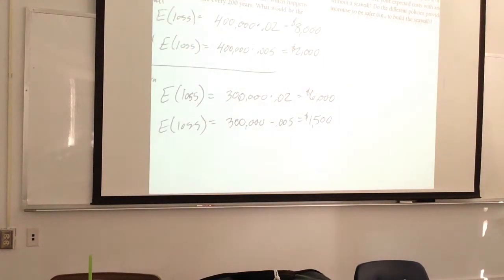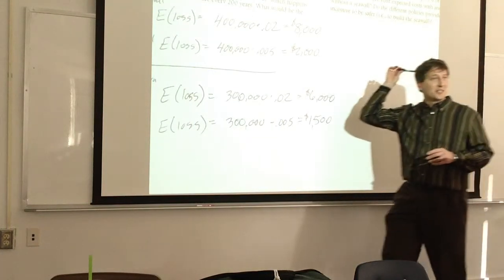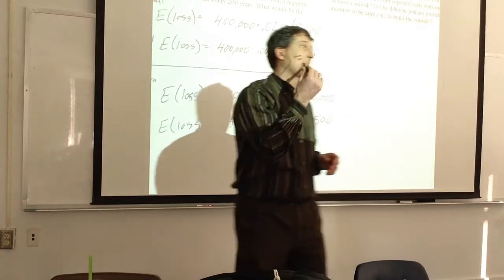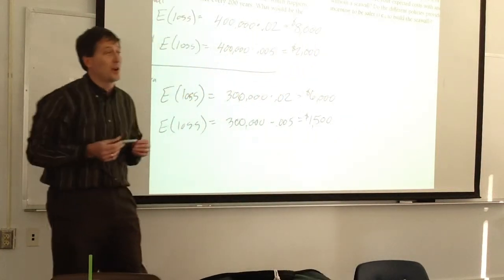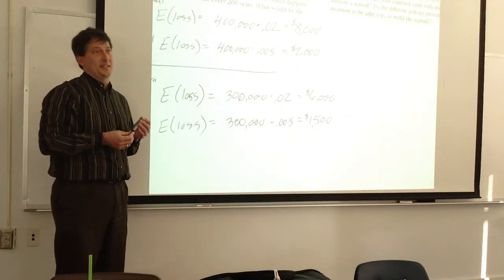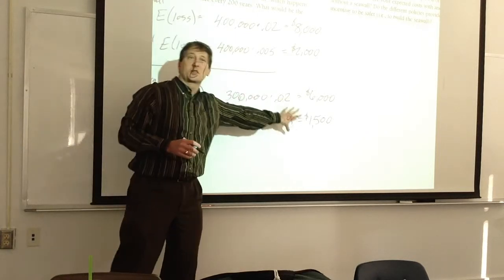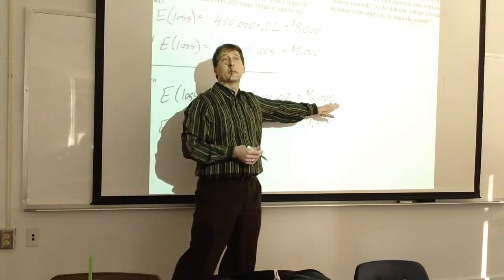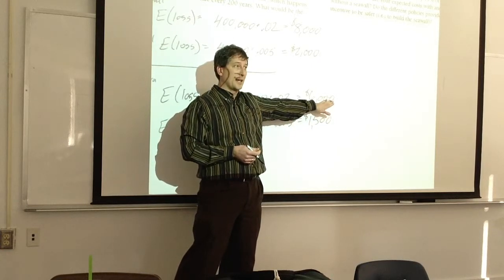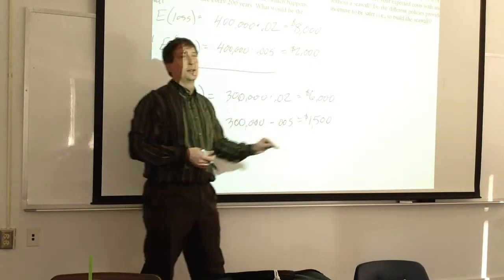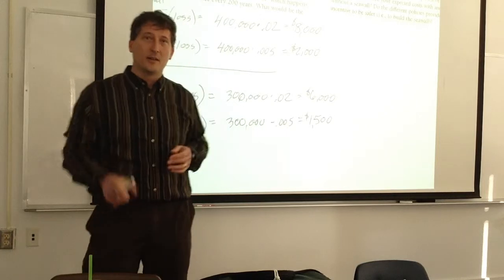How would that look different for the person? That's the last step I want you to do, calculate the expected loss for the person now with partial insurance. That one's kind of a combination. So this is what it looks like for the insurance company. They're more than happy to provide you insurance at a premium of $6,000. What does it look like for the homeowner?